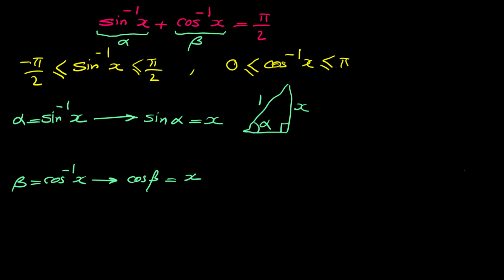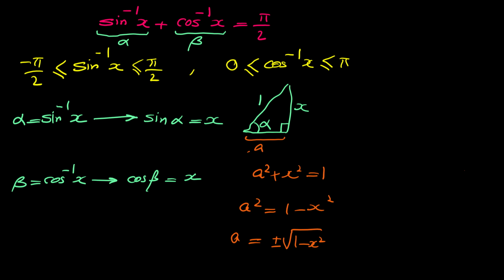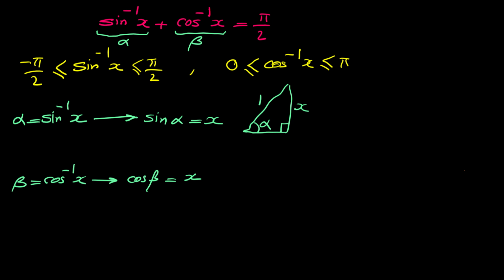If we suppose this as a, then a to the 2 plus x to the 2 is 1. From this, a to the 2 is 1 minus x to the 2, and so a equals plus minus radical 1 minus x to the 2. So this side is plus minus radical 1 minus x to the 2.